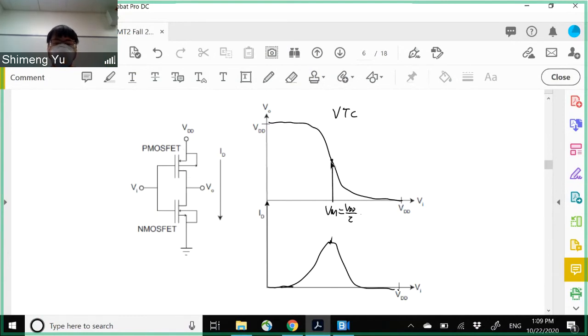How would the VTC shift? PMOS increase W. And I think we have some general guideline discussed in the lecture about the strength of the NMOS and PMOS. So which one is stronger?